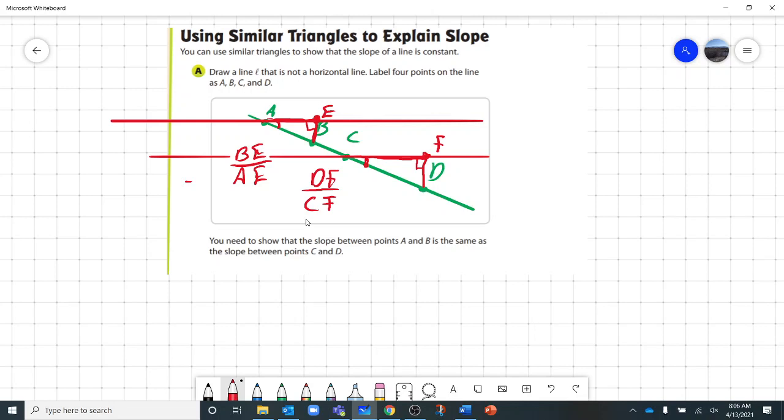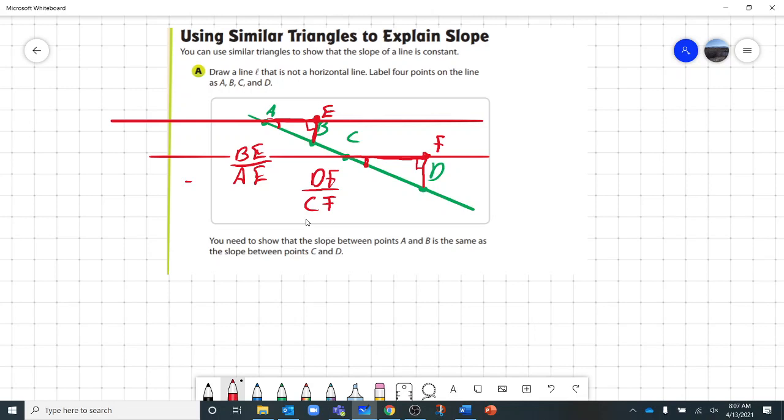Complete the following statement. BAE and DCF are corresponding angles and are congruent.